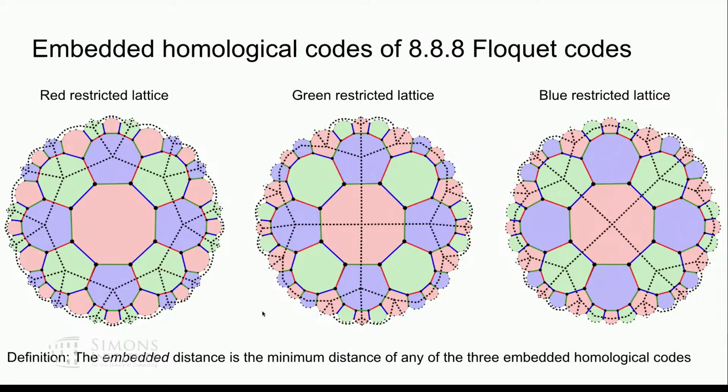We find the distance of these 3 different codes for each tiling and use that to define the embedded distance of the Floquet code, which roughly, or almost always, corresponds to the circuit distance in this pair measurement noise model.